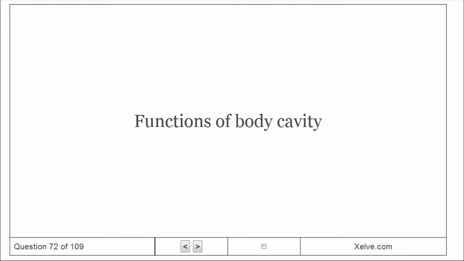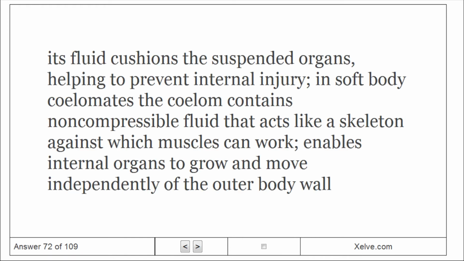Functions of body cavity: its fluid cushions the suspended organs, helping to prevent internal injury. In soft-bodied coelomates, the coelom contains non-compressible fluid that acts like a skeleton against which muscles can work, and enables internal organs to grow and move independently of the outer body wall.